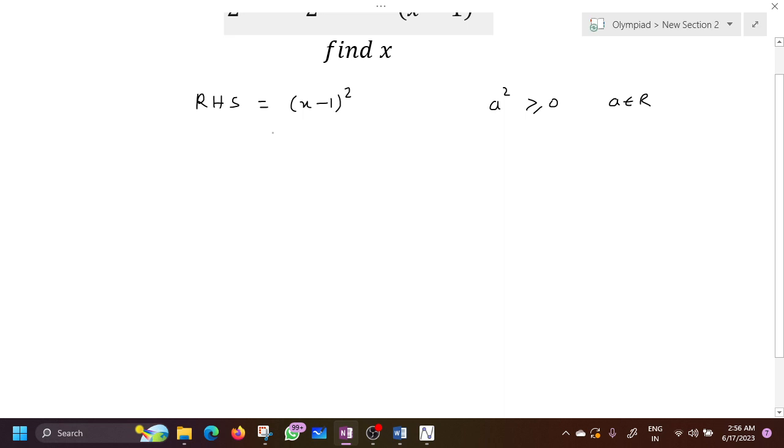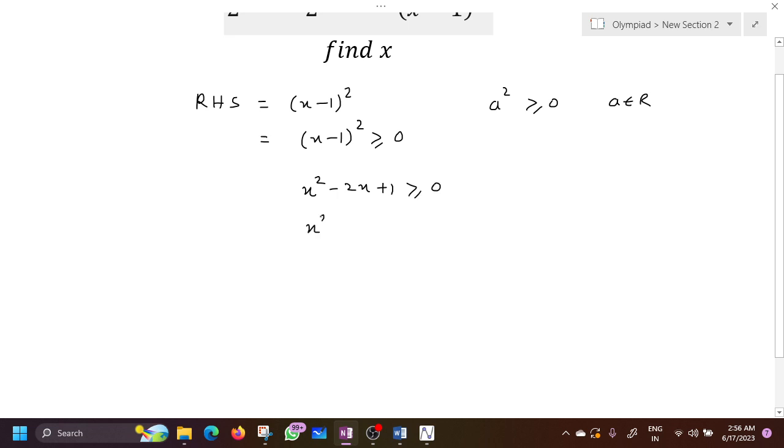So it means that x minus 1 whole square will always be greater than or equal to 0, because it is a square number. It cannot be negative. Or you can say x square minus 2x plus 1 will always be greater than or equal to 0.